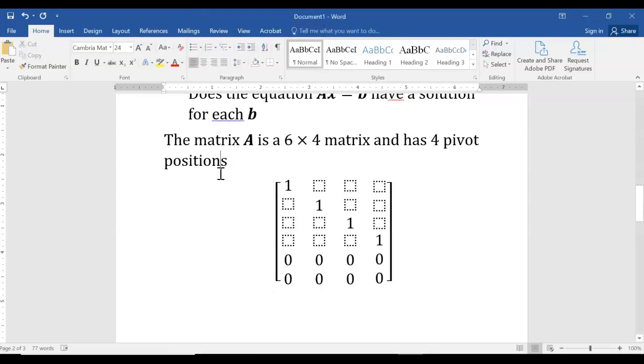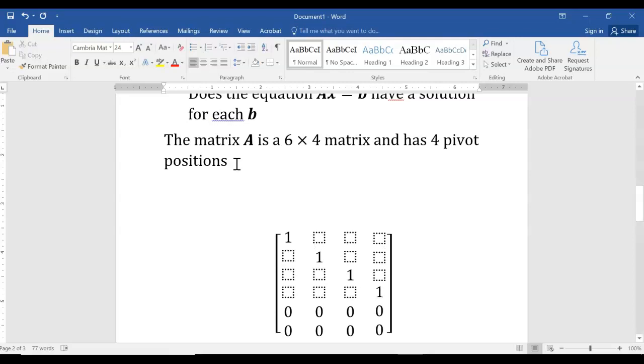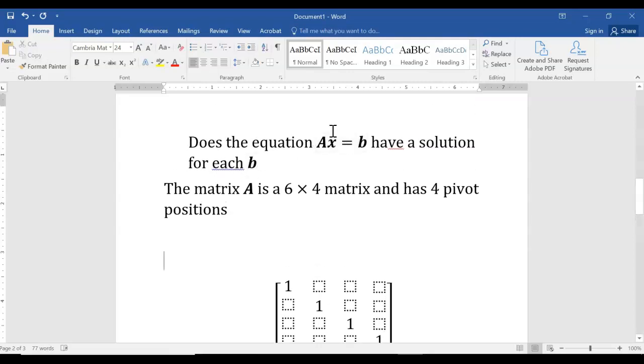And so because of that, there are going to be some no solutions for various values of B. So does the equation have a solution for each B?